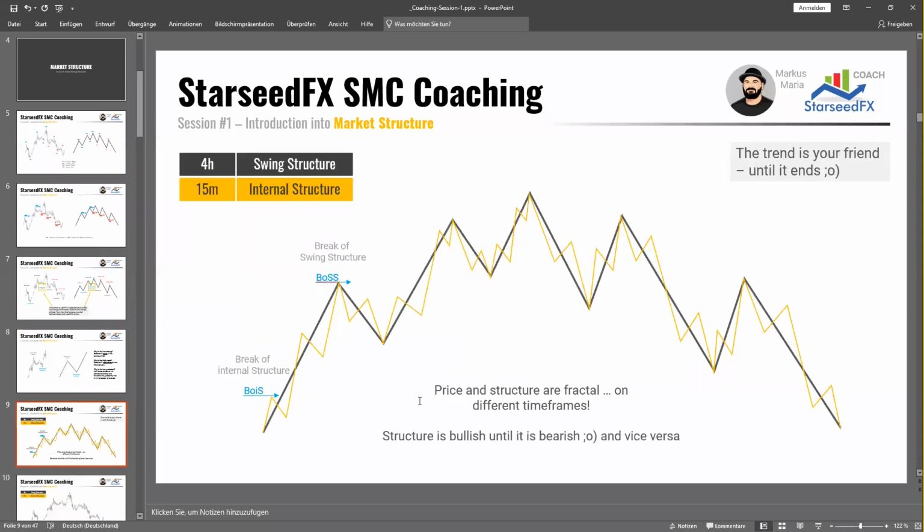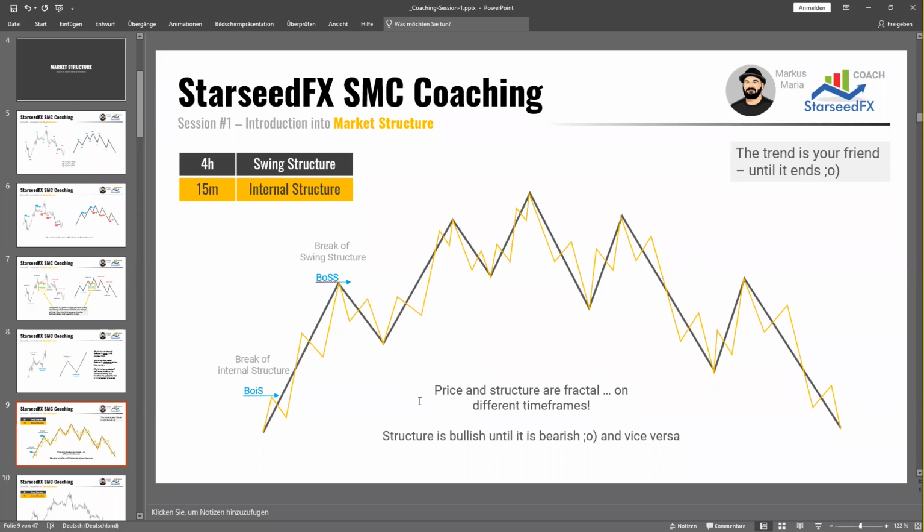So we have also different swing structures, as you might have seen. And one thing you for sure have realized is that the price and the structure are fractal on different time frames, of course. That's what it means. And one thing you heard, of course, is that the trend is your friend.